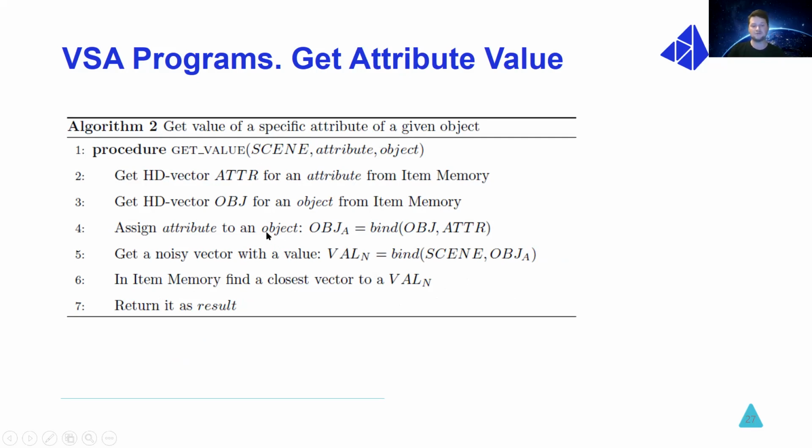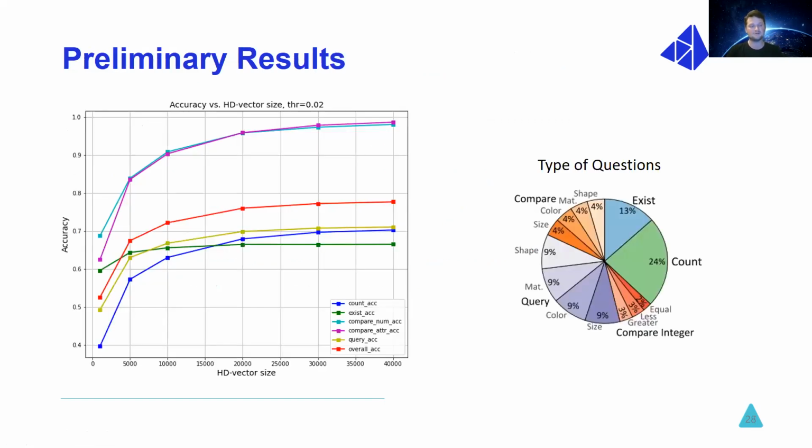Then we construct this pair by binding object vector and attribute vector, bind it with a scene vector, get a noisy version of the value vector, find the closest vector in item memory where we store these values, and return it as a result. And applying these procedures as programs, we achieve the following results on the Clever dataset.